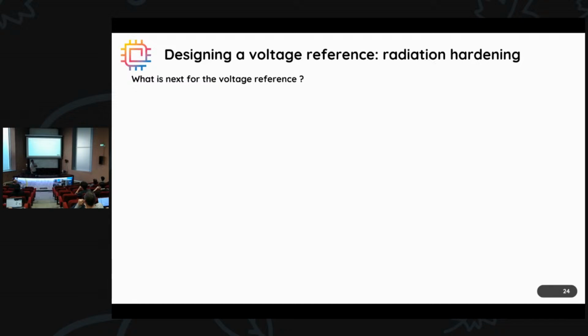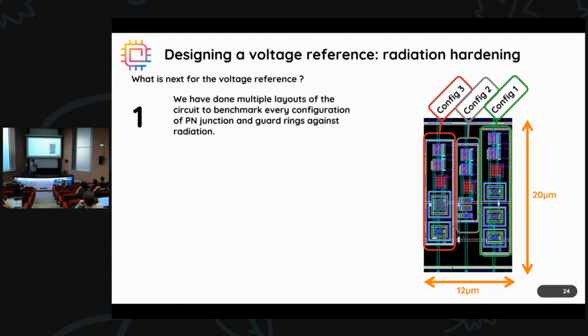So what is next for this voltage reference? I have already done the layout, and it is for now still in manufacturing. Actually, we received it last week. We have done multiple layouts of this circuit to benchmark every configuration I explained before of the PN junction and guarding against radiation.